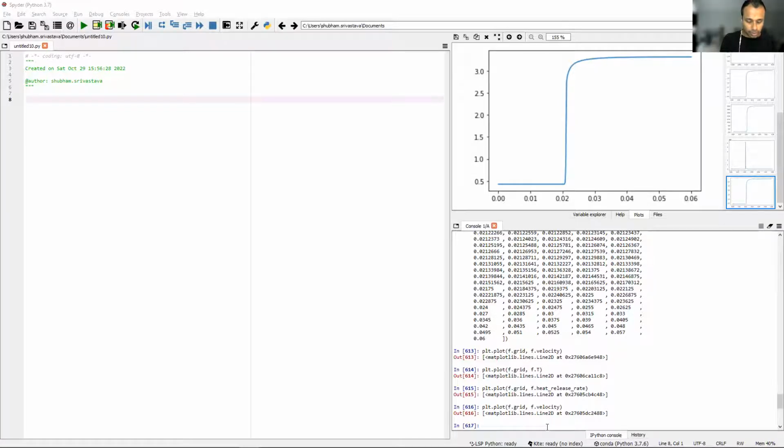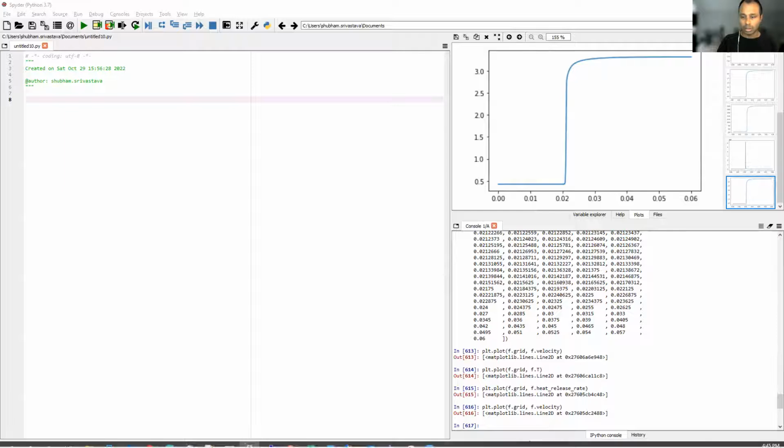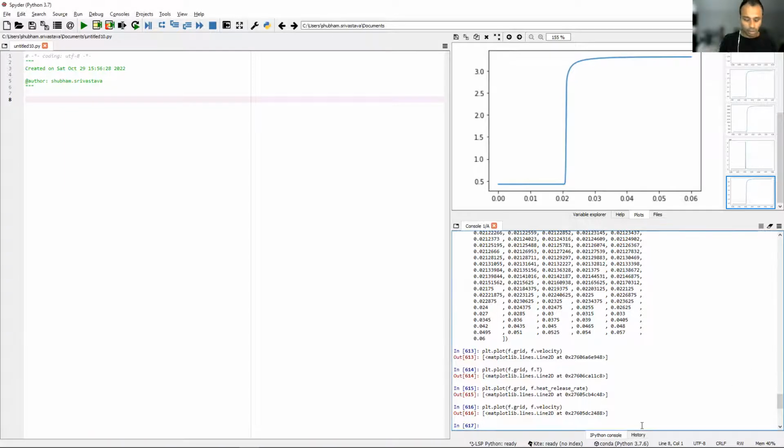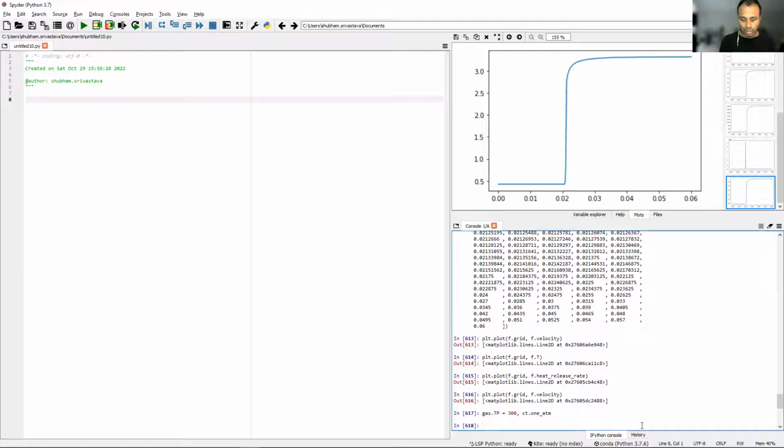So it will be gas.TP equals 300, 1 atmosphere, and then we will have to set the composition again as well.